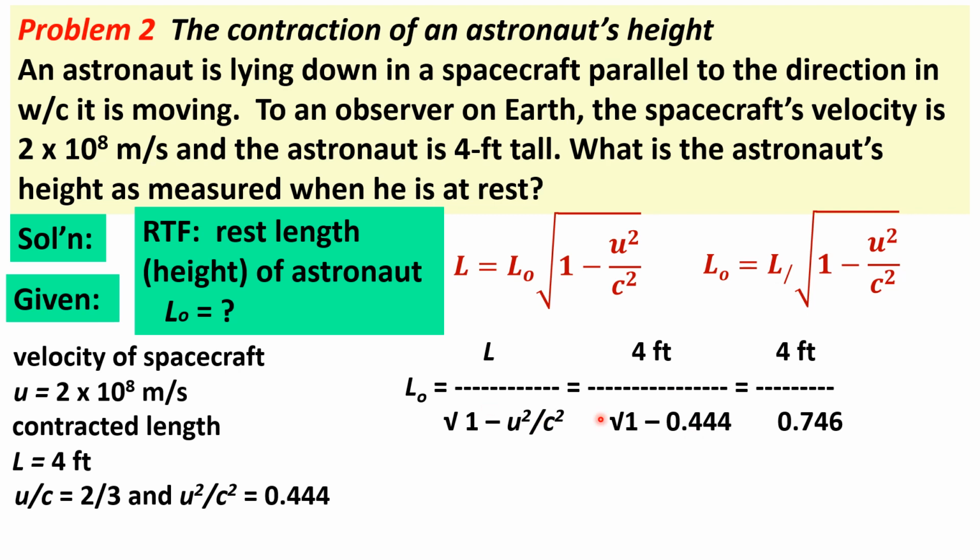So we simply substitute L is 4 feet, and the denominator, which is the square root of 1 minus 0.444, and simplifying further, we will get as the rest or proper length of the astronaut, L naught equals 5.36 feet, or that is equal to 5 feet and 4 inches.